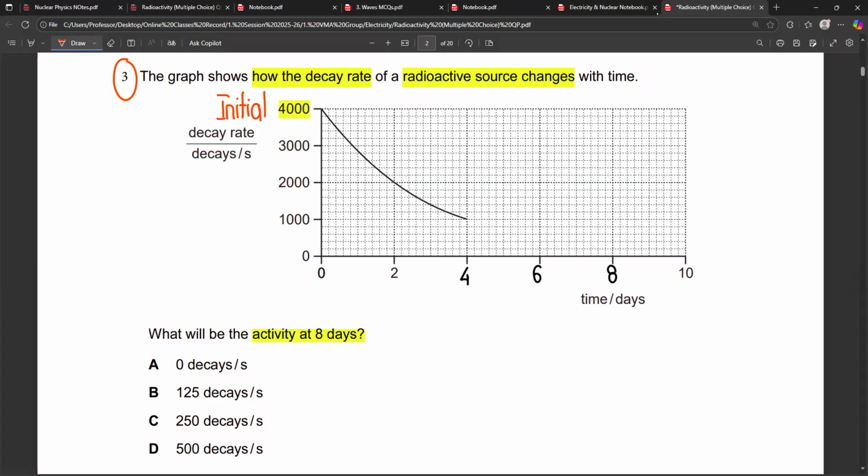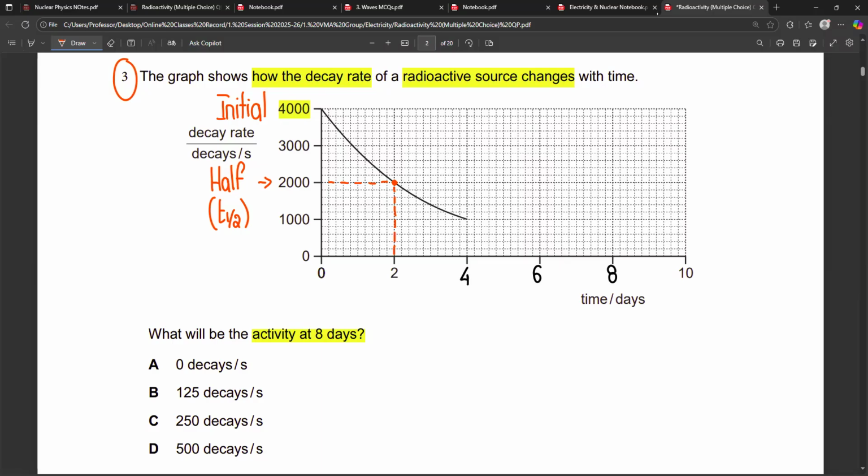So the half of 4,000 is 2,000. So this is 2,000 and this is the first half-life. It takes a total of 2 days to decay. Like after 2 days, it decays to half of its original value.